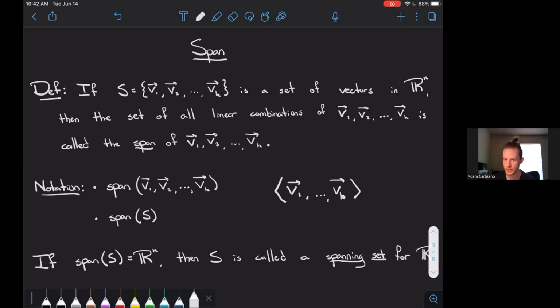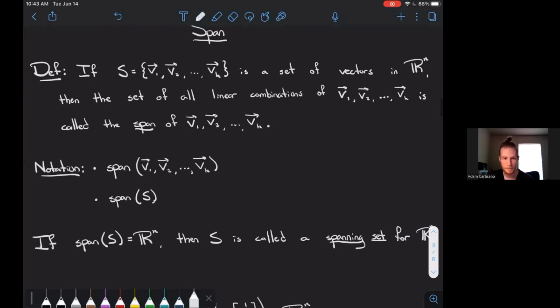We won't do that in our class, and I don't believe the textbook does it either. But you may see that notation in other textbooks, or in higher classes in mathematics. So don't be fooled. It just means span, linear span.